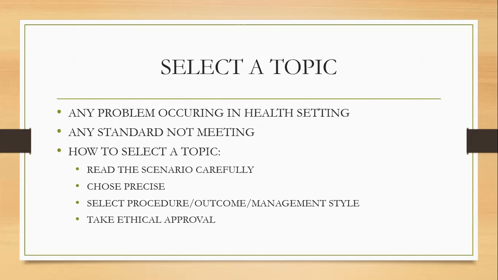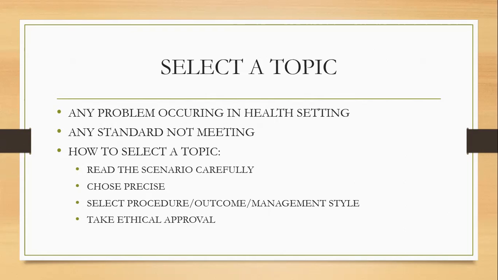It can be any problem that is occurring in the health setting and is not meeting any global standards. So, how to select a topic? First thing is to read the scenario carefully in your exam, or if you are conducting an audit cycle for your training program, just think about the different procedures that are not meeting the global standards.